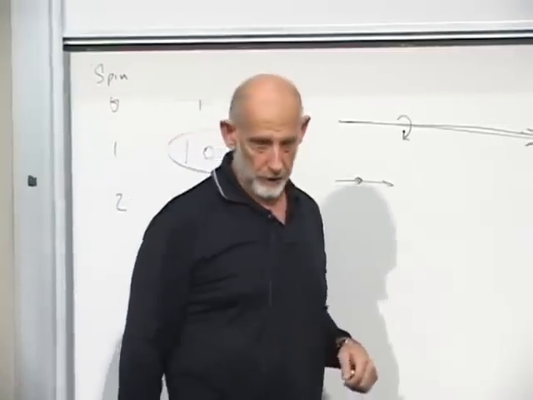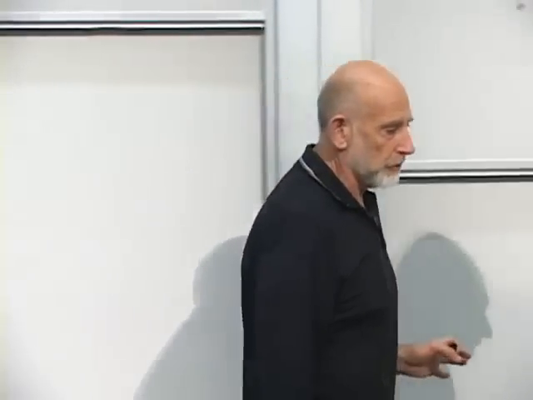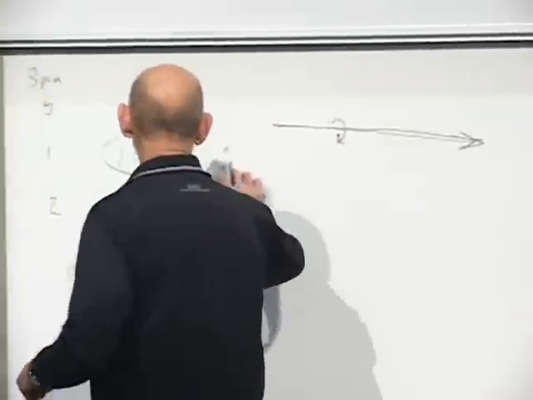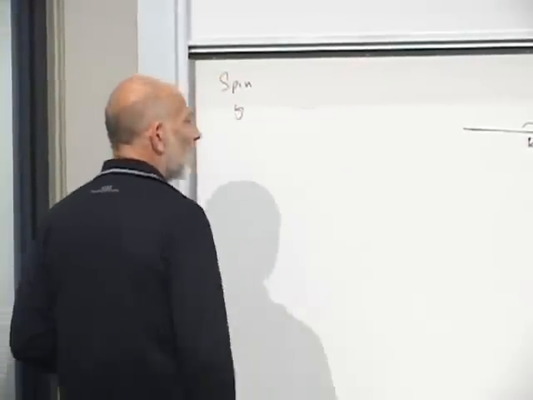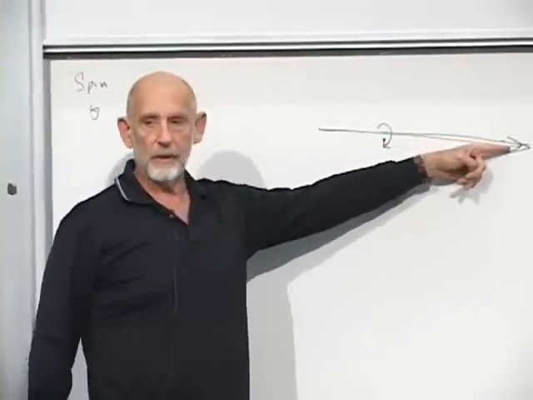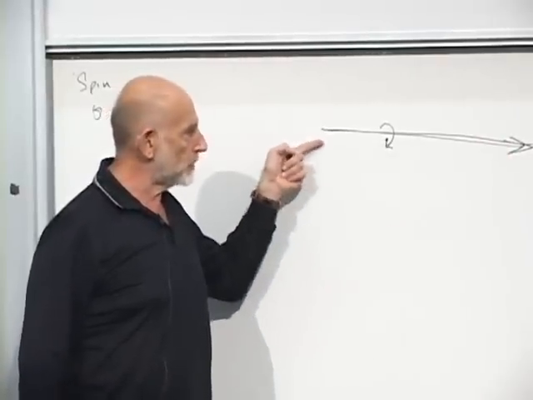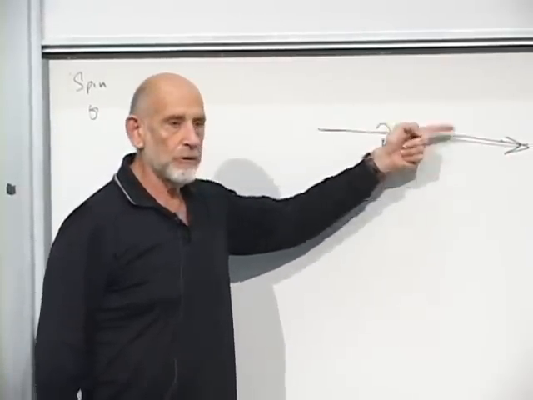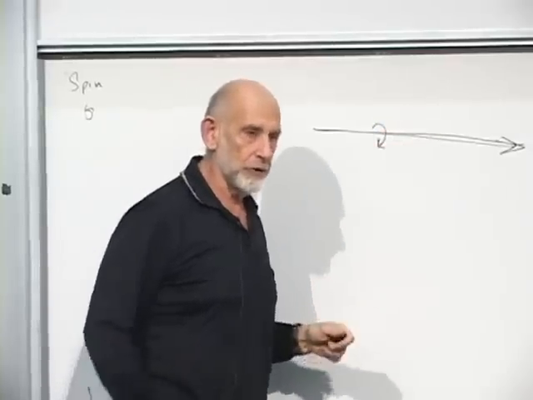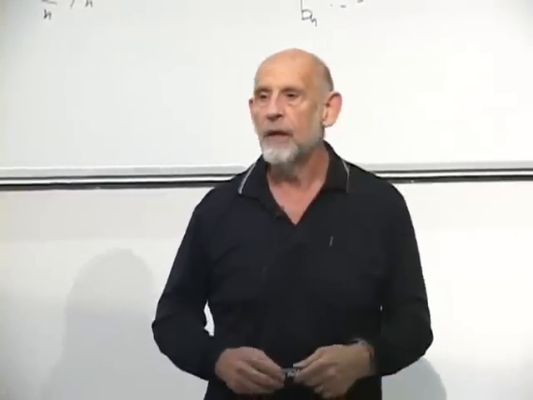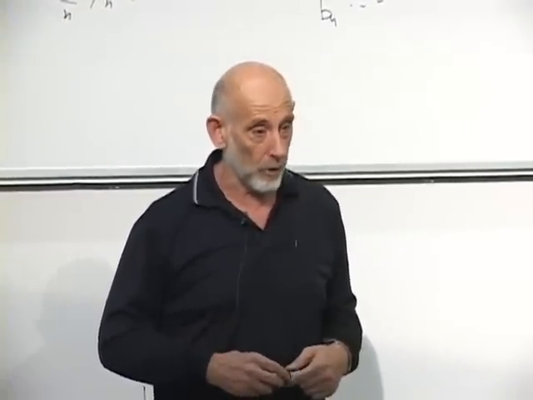Now, what about linear polarization? There's linear polarization, and I'm going to tell you now what linear polarization is. Linear polarization is not zero angular momentum along the direction of motion. It's a quantum superposition of the two possibilities, circular polarization to the right and circular polarization to the left. What's the difference between saying it's a linear superposition of polarization states and saying it has no angular momentum at all?